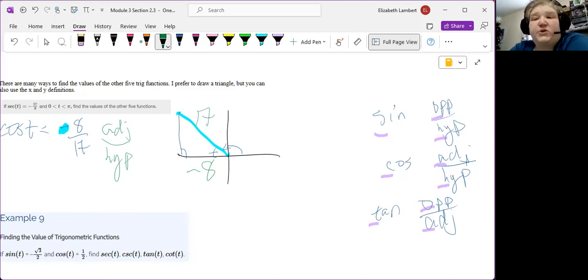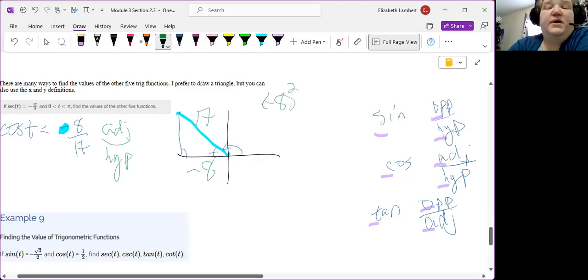So in order to answer what the sine is, we need to know the size of the opposite side. Well, I have two sides of a triangle, and I know it's a right triangle, so the third side had better be Pythagorean theorem. So we have negative 8 squared in parentheses plus, I'll just call it y, y squared equals 17 squared.